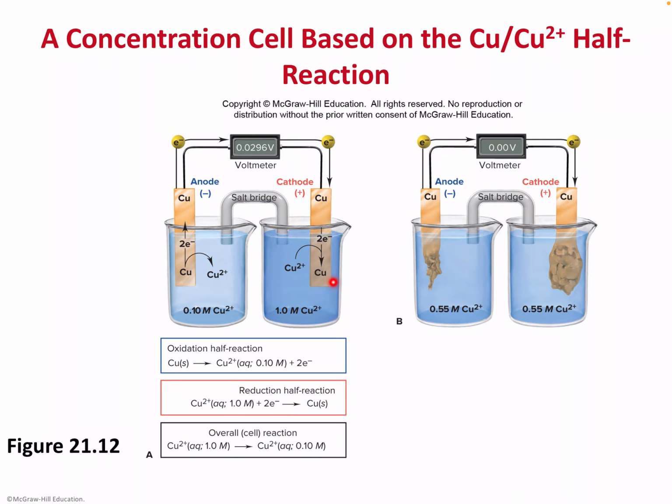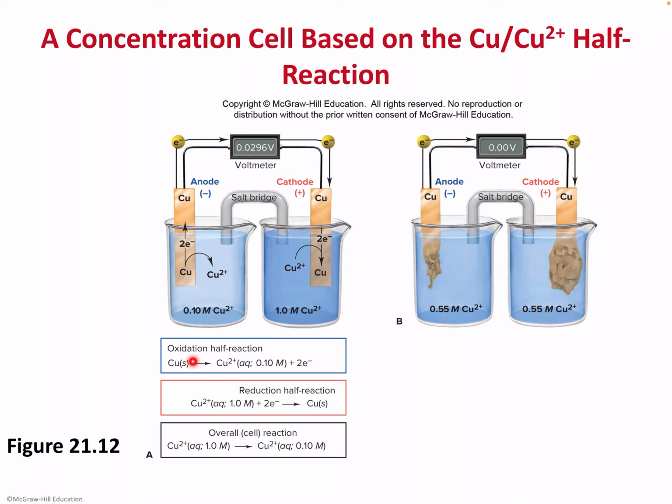Okay. After some time, you will see this side of the copper, where you have the lower concentration, 0.1, the copper metal would be less, and the other side, the cathode copper, would become higher in weight or become bigger because more copper is deposited here, at the cathode.